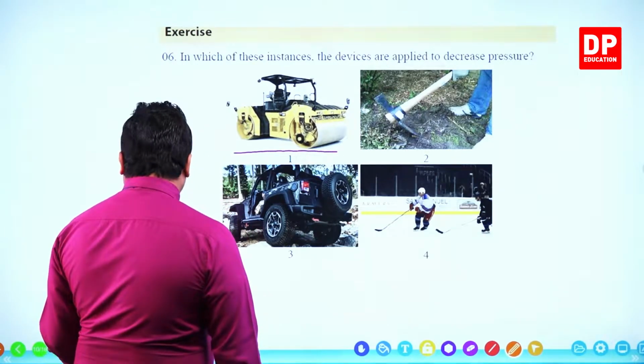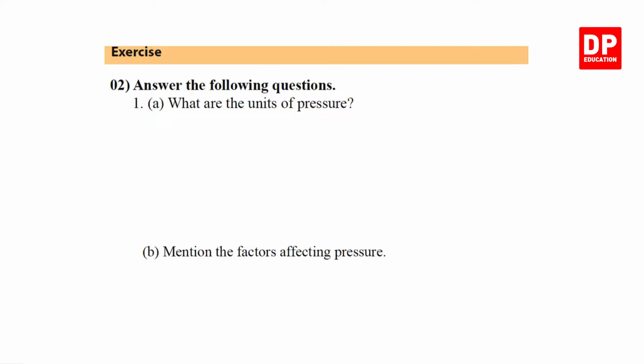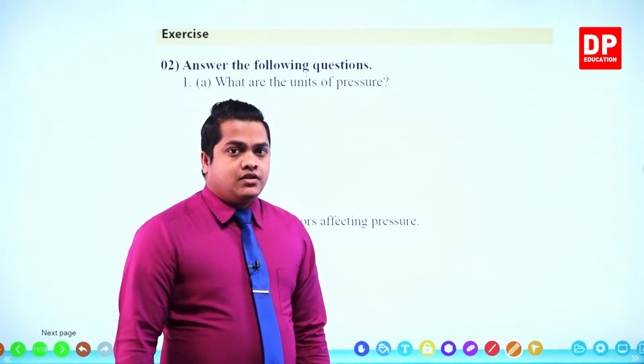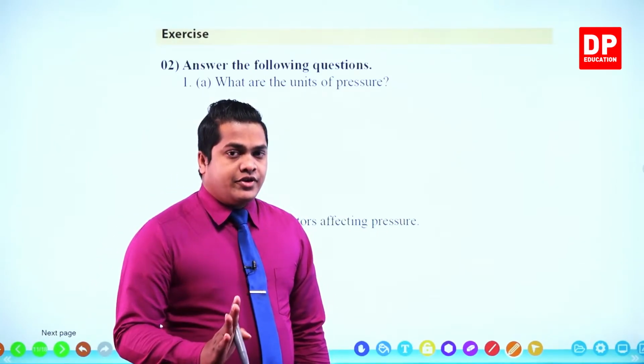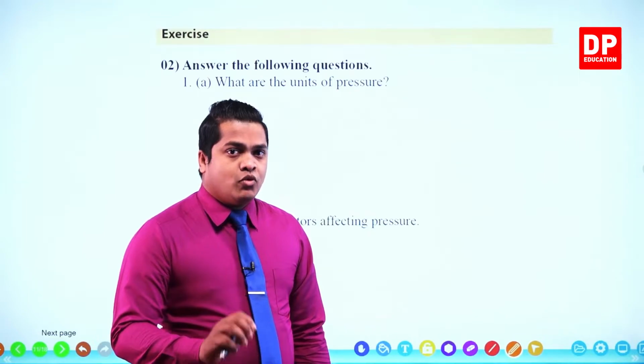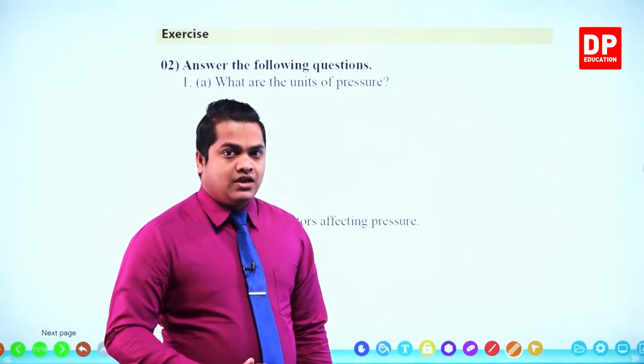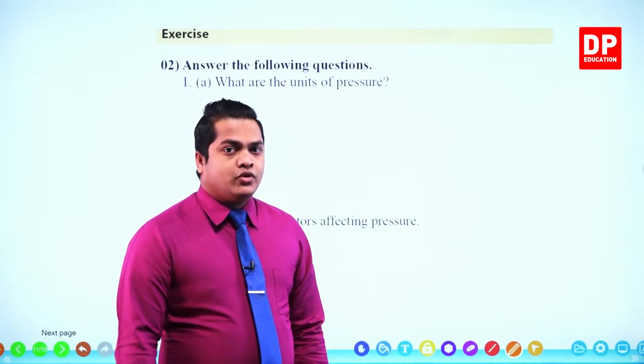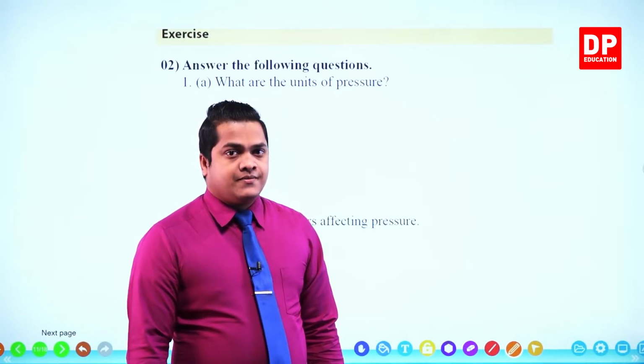Right then, first question given, what are the units of pressure? So the units that we use to measure pressure, so there is a fundamental unit and a specific unit. Both the things refer to the same thing, but however we'll write both the things.